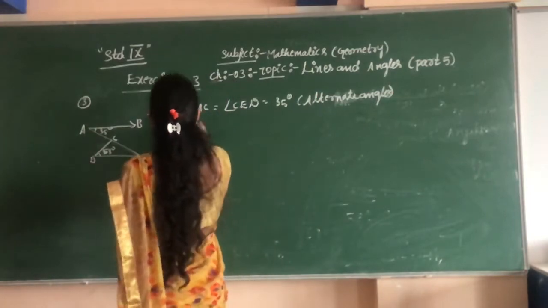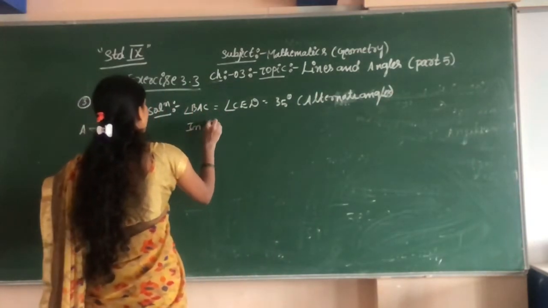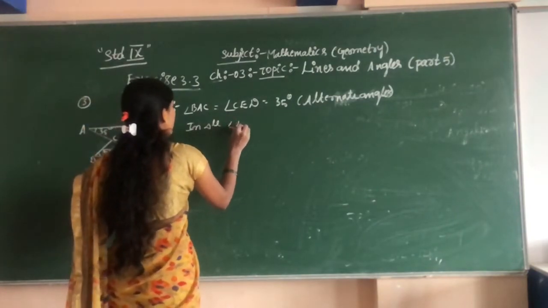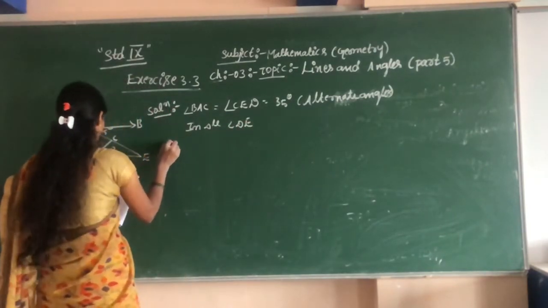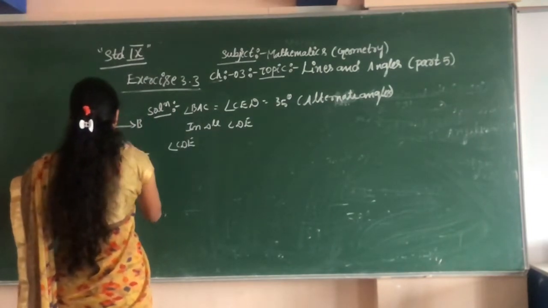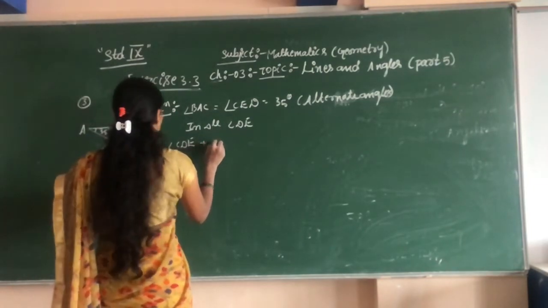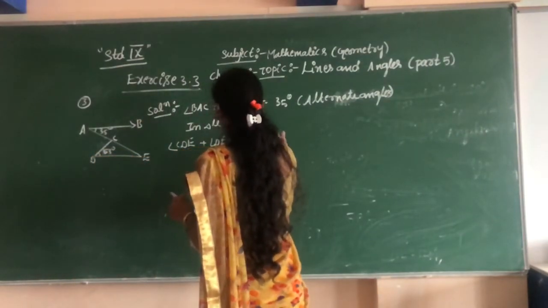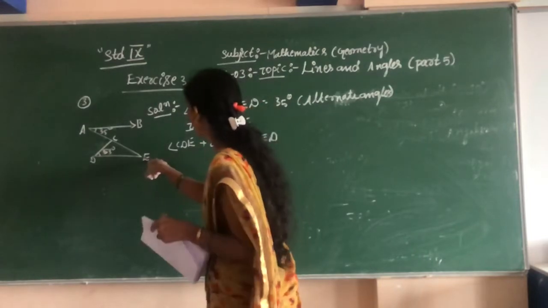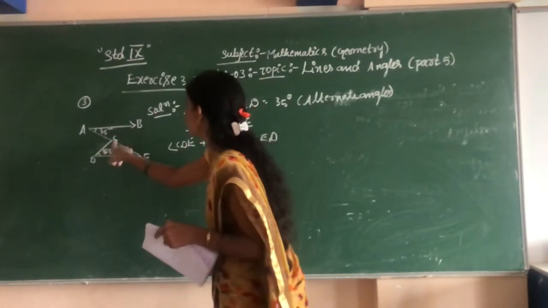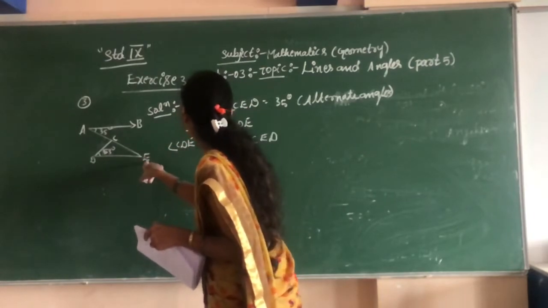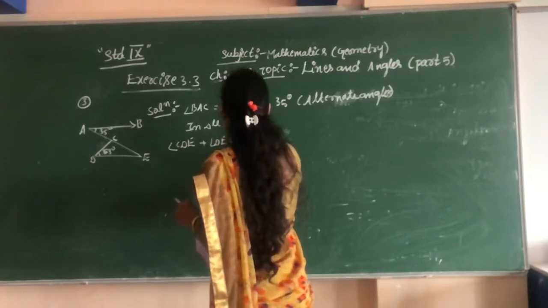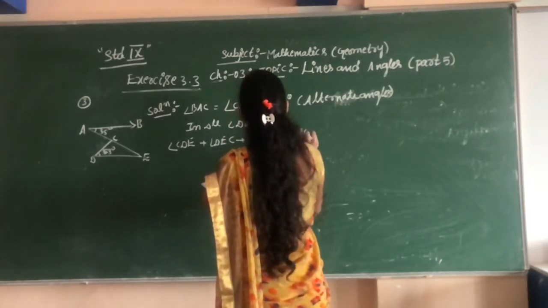Okay, children. In which triangle? In triangle CDE, angle CDE plus angle DEC plus angle ECD is equal to 180 degrees.